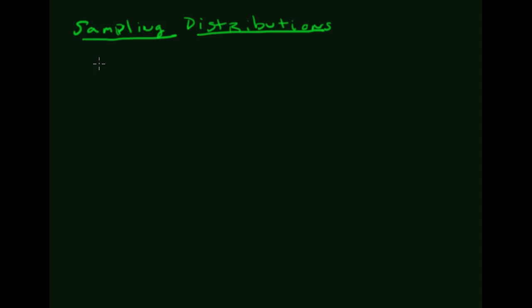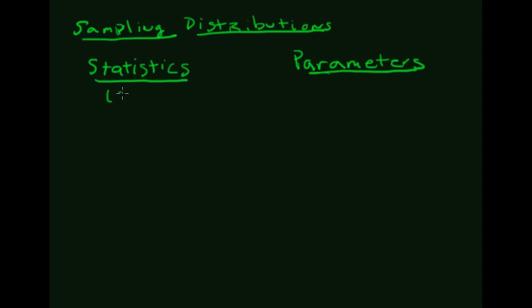Okay, so we have things that are called statistics and parameters. Statistics are measurements of samples that align with measurements of a population.